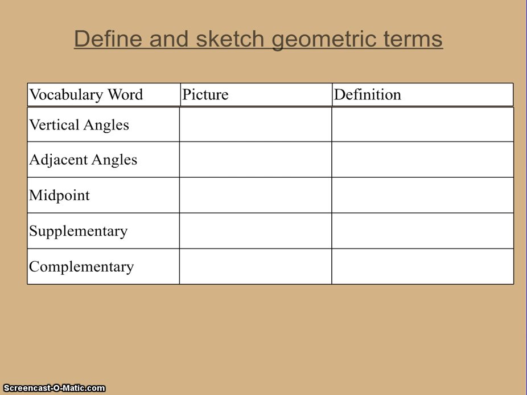The next thing we're going to talk about is vertical angles. Two angles are vertical angles if their sides form 2 straight lines.